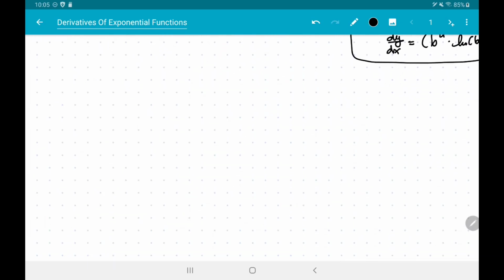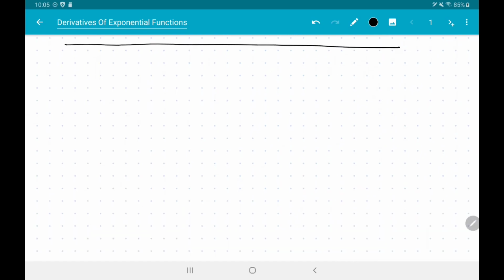Just as one last little thing here, I'm going to show you the relationship between the derivative rule for the logarithm and the derivative rule for the natural exponential. So here we go. y equals e to the x. I'm going to take the logarithm of both sides. On the right, ln undoes e to the x and leaves just x.